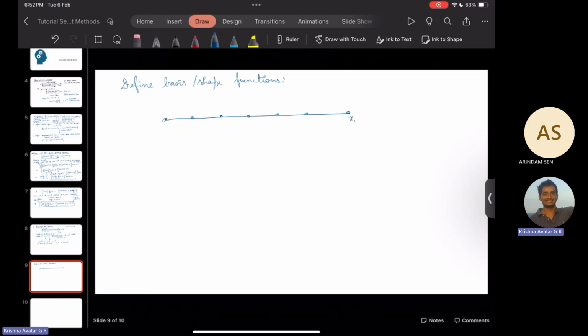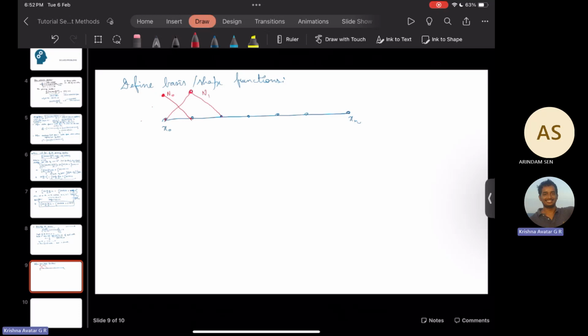Say this was xn and this was x naught. So we require some basis functions such that each has a value of 1 at its node and 0 at other nodes, right? So something like this. This is N naught, because we don't have anything on the left-hand side of x naught, so it looks only half.